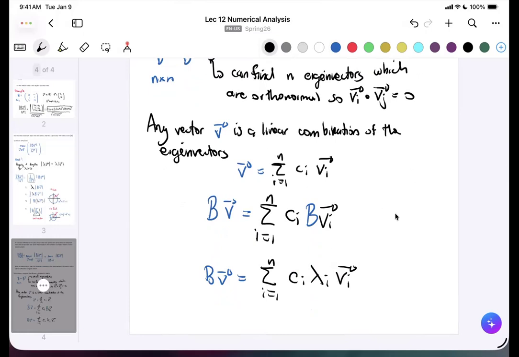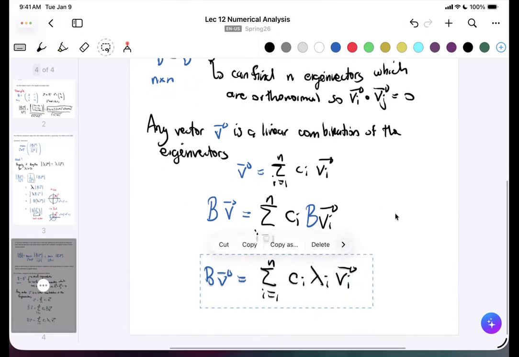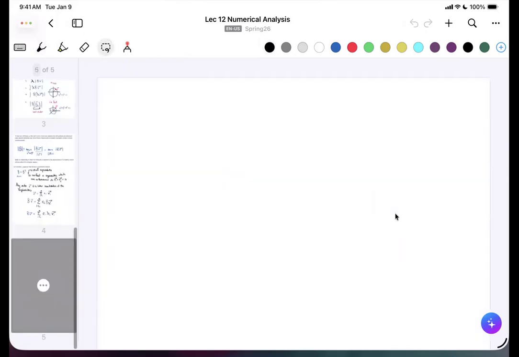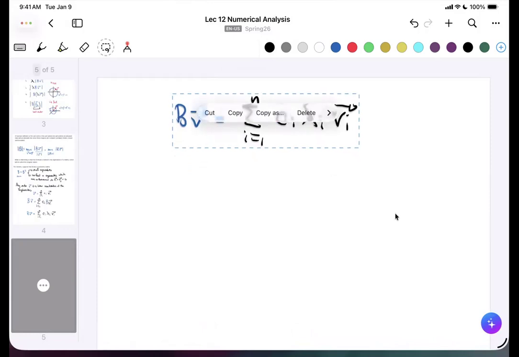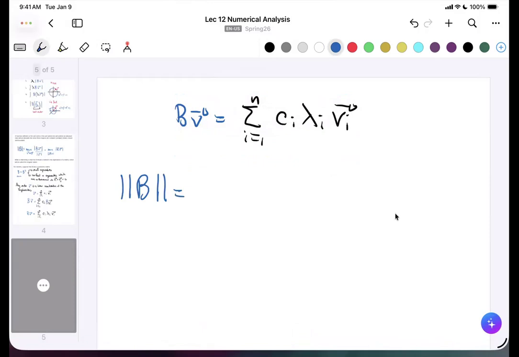Okay, let me continue here. Let's go to the next page. For the matrix norm, if you want, you can write it as a max over the unit vectors of the length of the matrix times the vector v.